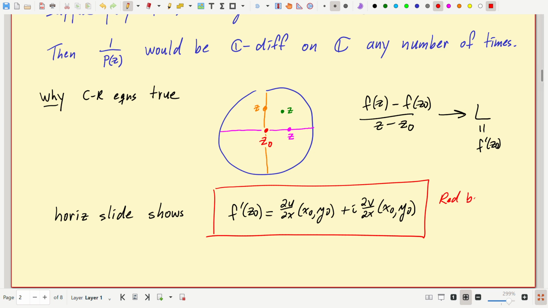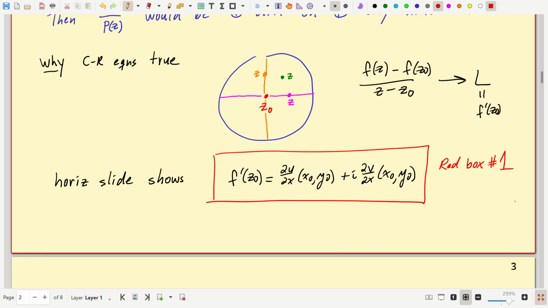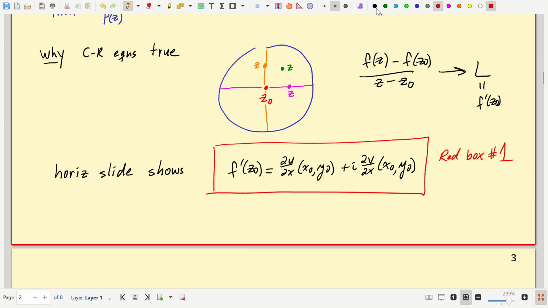And that's what you get when you slide in horizontally. And the vertical slide has a funny thing in the denominator. You have an i times something in the denominator. And when you do the algebra and write it out, the vertical slide looks like it's going to give you something different.